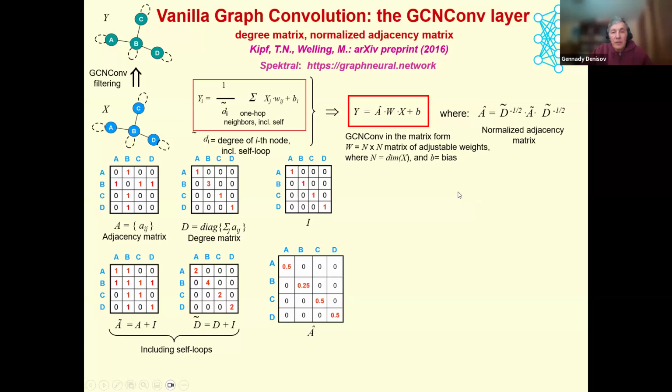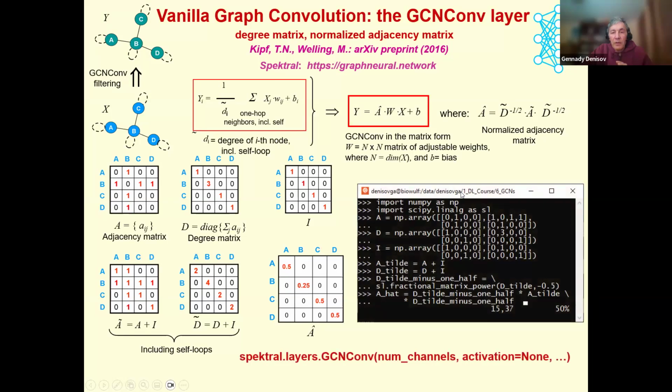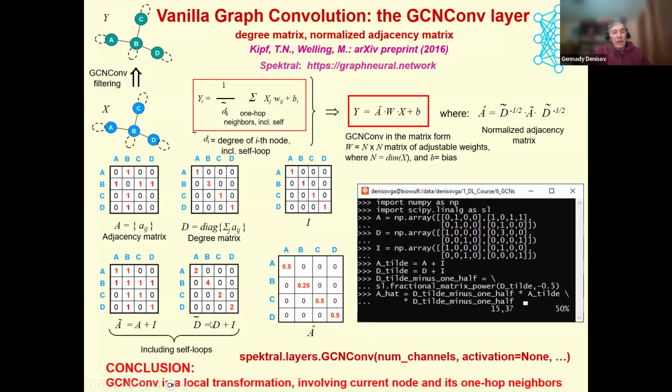All these computations may be performed in Python easily, as shown in this code snippet, and the GCNConv function is implemented as a part of the Spektral library and can be called as shown in the slide. In conclusion, the GCNConv is the simplest implementation of graph convolution. It's a local transformation involving the current node and its one-hop neighbors.